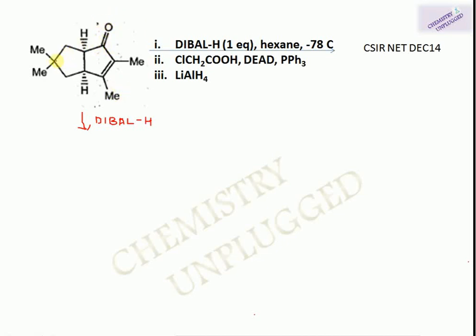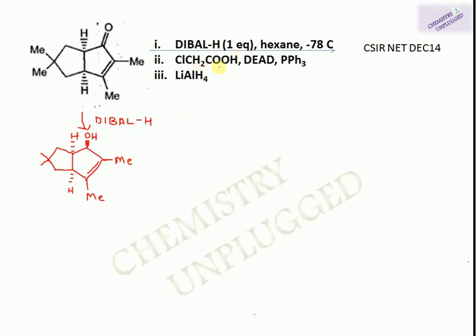If these hydrogens are below the plane, then this group attached with dimethyl group will be above the plane. So the DIBAL will attack from the side below the plane, then OH will be attached above the plane.